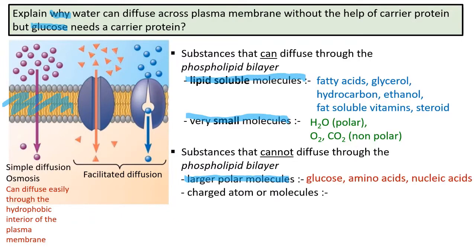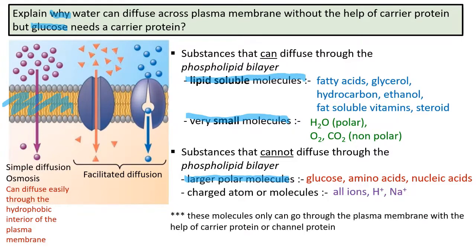All these glucose, amino acid, nucleic acid, charged atoms like the hydrogen ions, sodium ions, all are needed by the cells. So how does plasma membrane transport all these molecules? Only through the help of carrier protein or channel protein.